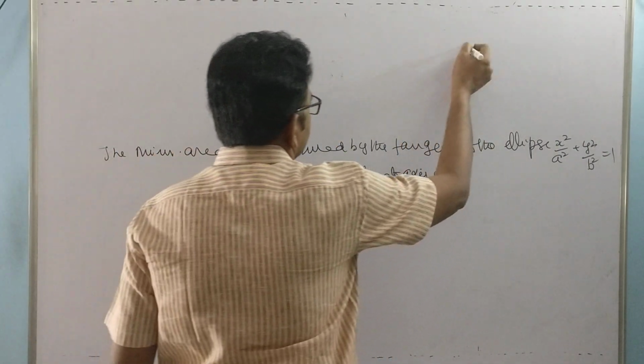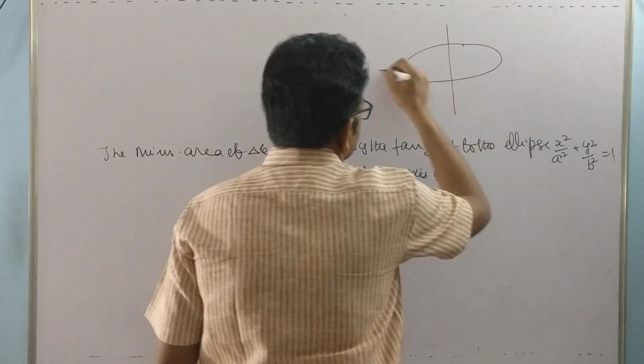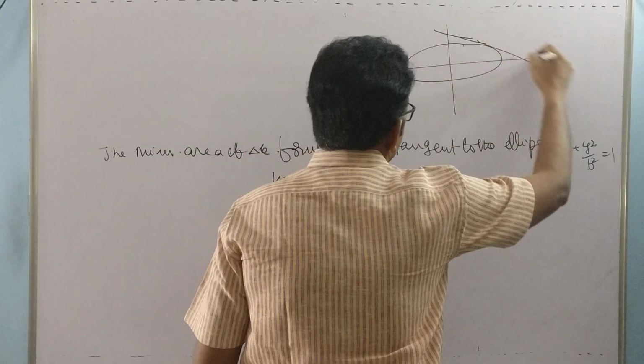Minimum area of the triangle formed by the tangent with the coordinate axis.